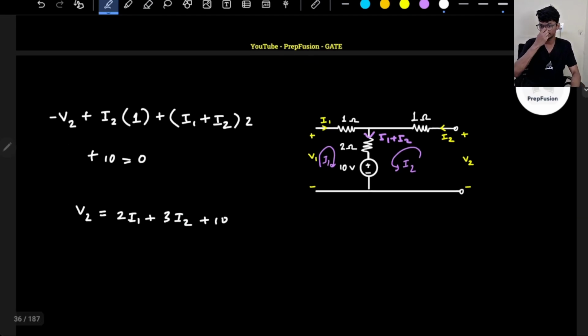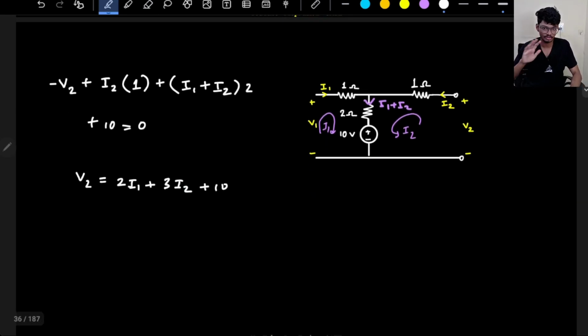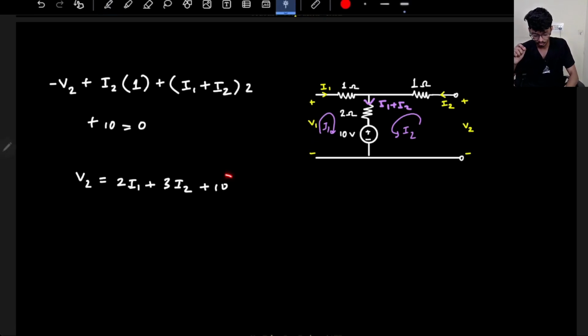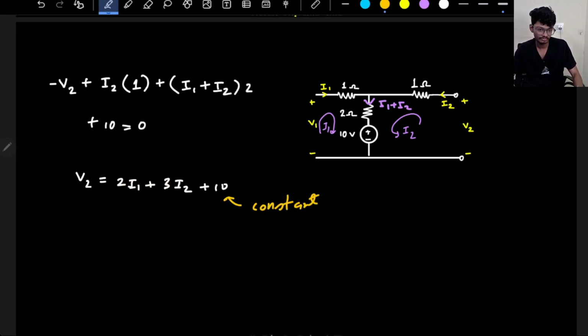Now, in these kind of cases you will not be able to find out the Z parameter. Why? Because my Z parameter did not have any constant term. It had only coefficients of I1 and I2. So this is a constant term. Okay, and I will say for these kind of networks, Z parameter cannot be defined. So if I have an active source inside the network, I will not be able to model that. So make sure to deactivate the sources.